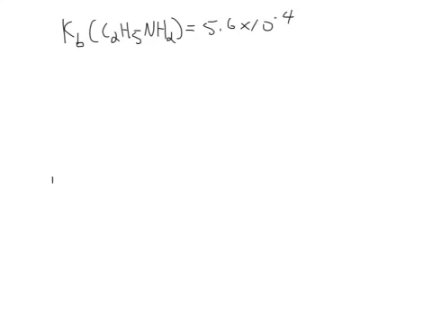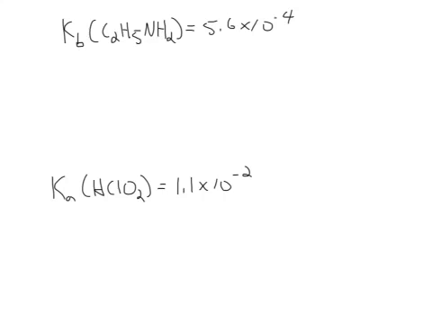And we know that the Ka of HClO2 is 1.1 times 10 to the minus 2. So these aren't the actual quantities that we need. We need the Ka of C2H5NH3+, and we need the Kb of ClO2 minus.